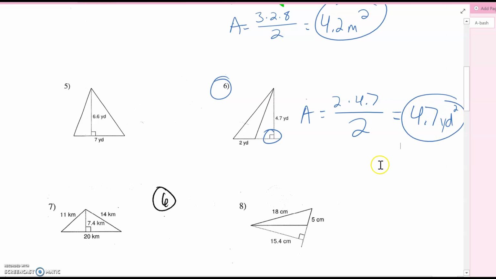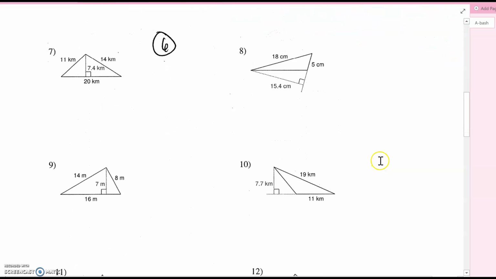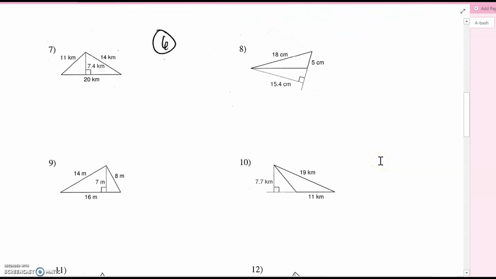Perfect. All right, if you flip it over, now we have some more numbers. Okay, so now we have to actually distinguish which ones we multiply by. So in number 7 here, if I circle the 90, base and the height are always connected at that. Okay, if you look here, this 11 is a slant. That's a hypotenuse. 14 is a hypotenuse.